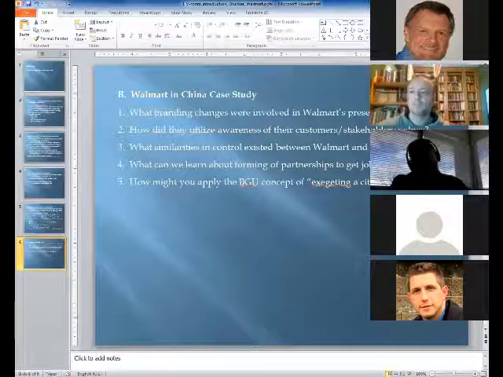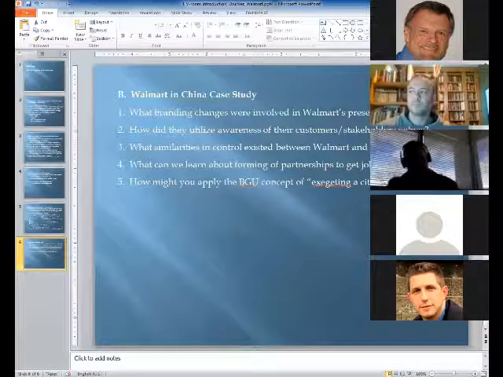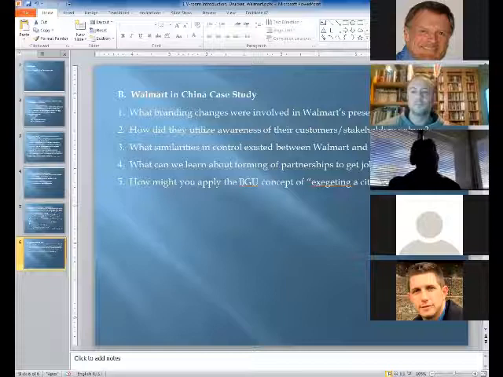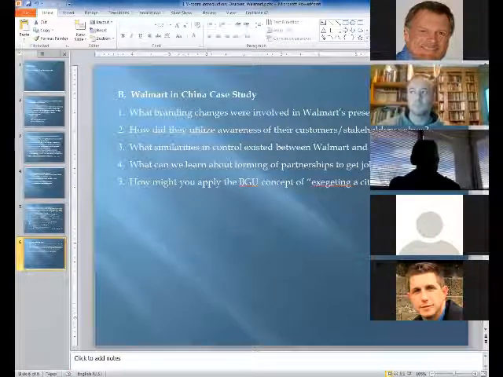That seemed to be one of the reasons they brought in some of the regulations, at least from my perspective, that was meeting some of the goals of the government at that point in time. What else were they doing to be aware of their customers?